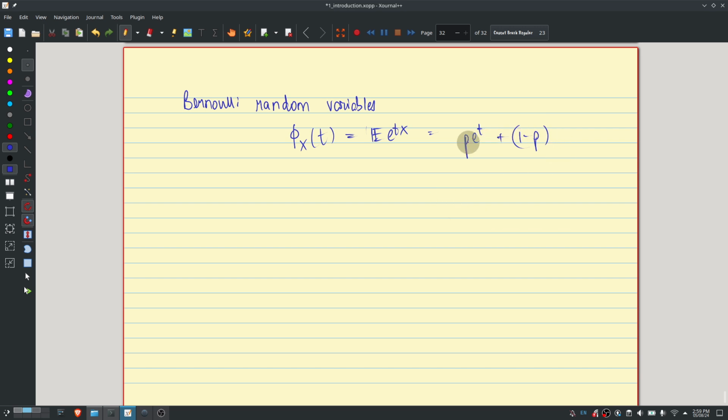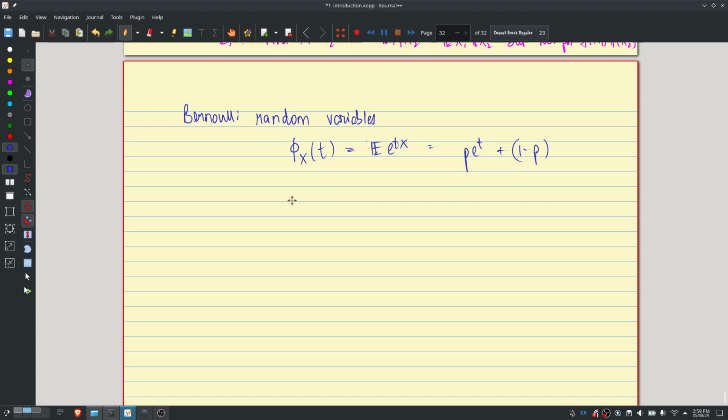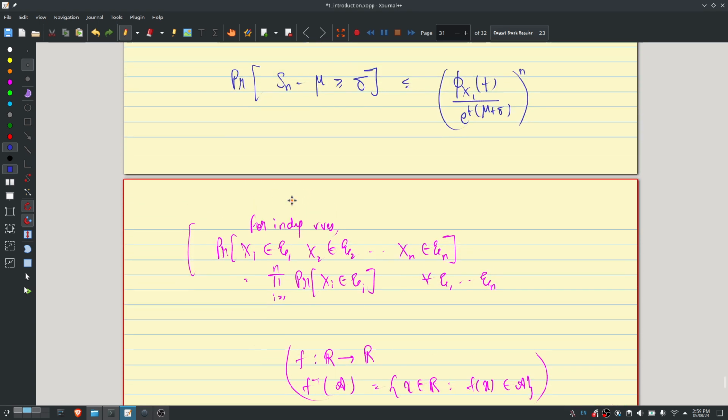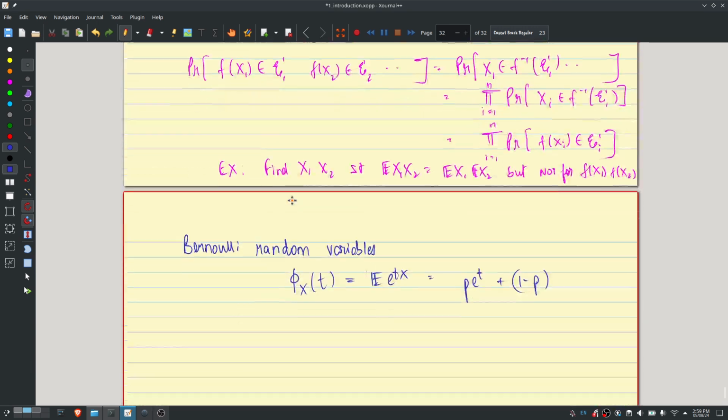Okay. Fine. This is some particular quantity. For any t greater than or equal to 0, I have this. In fact, for any t, this holds. Now, what happens if I just plug this into the Chernoff bound?